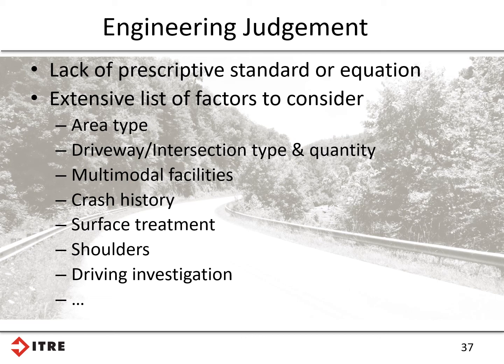There are just lots of factors to consider, including the area type, the number of driveways and intersection types, the presence and type of multimodal facilities, crash history, surface treatment, shoulders, and a driving investigation. Lots of these have other subsets. Are there bike lanes, parking lanes, bus stops, sidewalks, raised pavement markers, and how many lanes are there? Lots of things can be built into this overall engineering judgment needed to decide the appropriate speed limit.